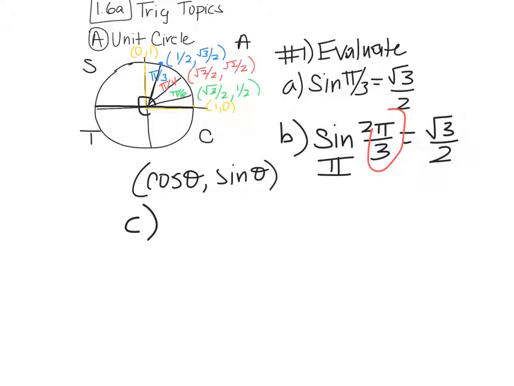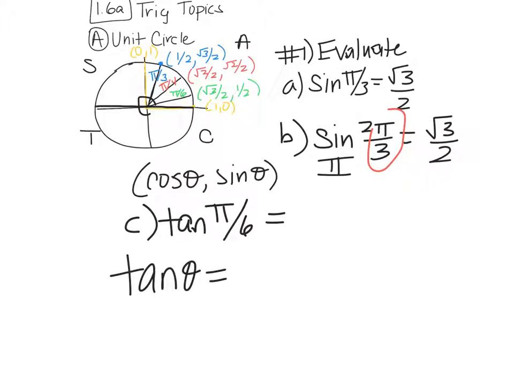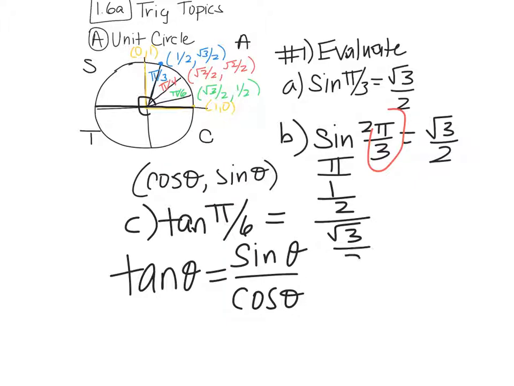So how about if you needed to find the tangent of pi over 6? Remember, tangent equals what? Sine over cosine. So that's an identity that you should be pretty familiar with. Tangent is sine over cosine. So at pi over 6, that would be 1/2 over rad 3 over 2.